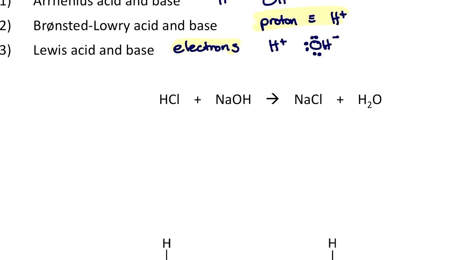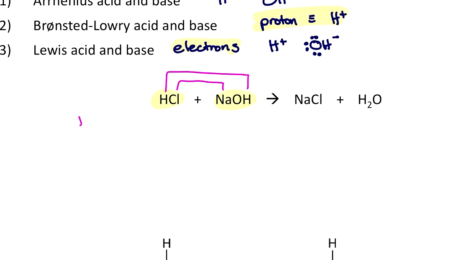So let's look at our reactants. We have HCl and sodium hydroxide. Look to the reactant side and product side and think about what's changing. HCl is doing what? This is basically just a double displacement reaction, right? HCl is doing what to its proton? It's donating it.